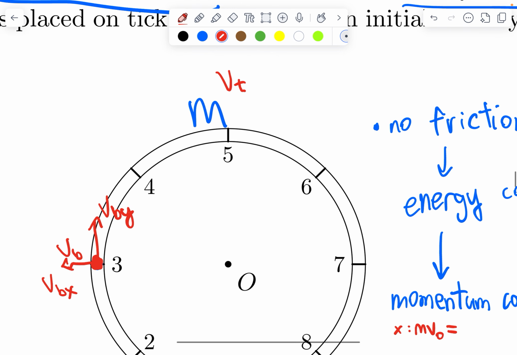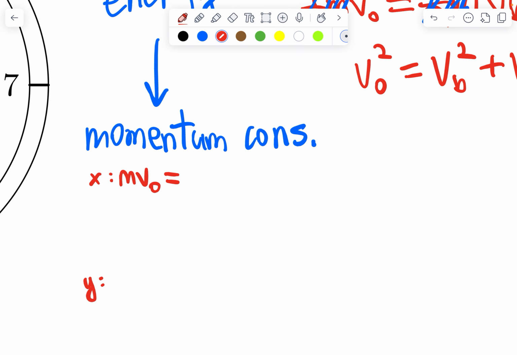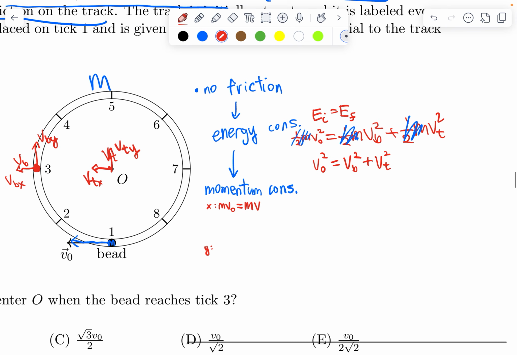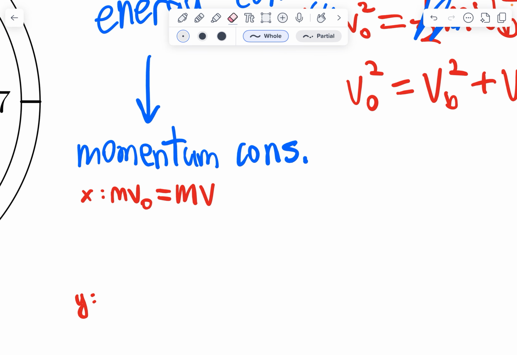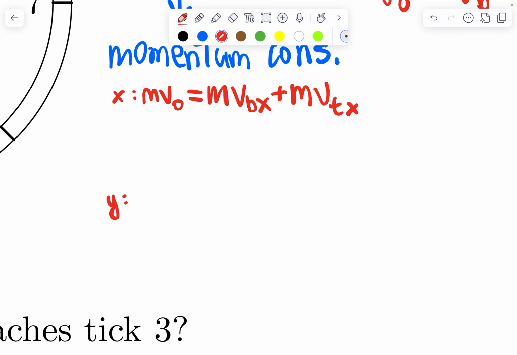And we can do the same thing for the track: there's a vtx and also a vty. So m v naught is going to be equal to m times vbx plus m times vtx.